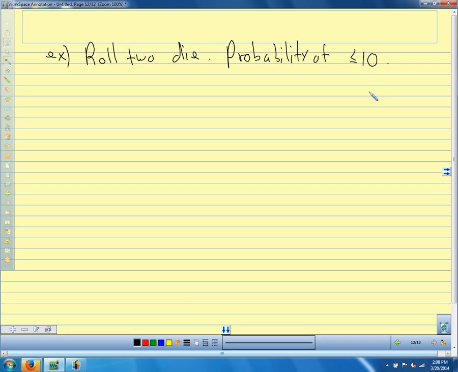Well, let's think about it. If our event is less than or equal to 10, what is the complement of that event? Greater than 10. The complement is the probability of greater than 10.